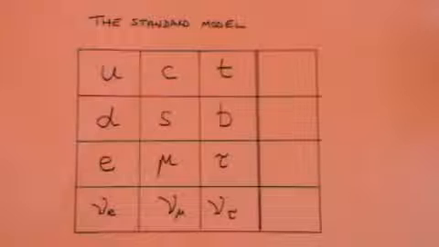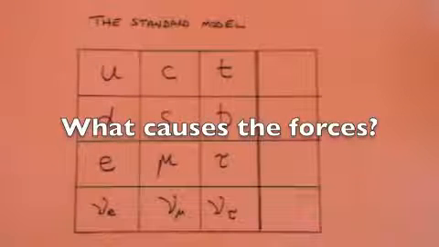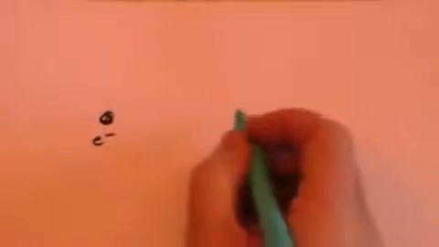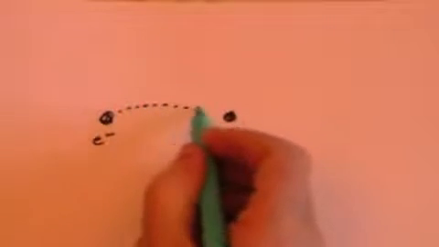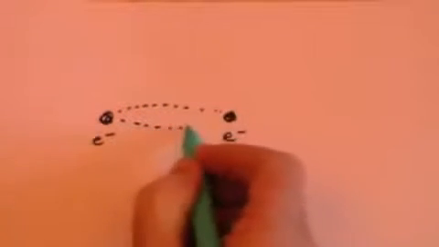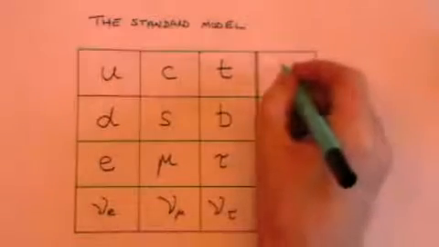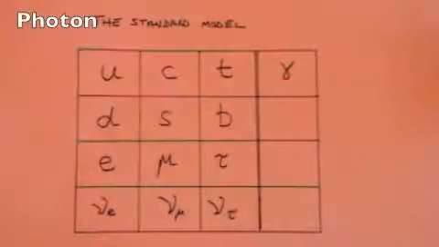The question is, what causes the forces? The idea is that for each force there is a force carrier, something which exchanges information between the particles involved in the force. In the case of the electromagnetic force, the exchange particle, or gauge boson, is a photon.